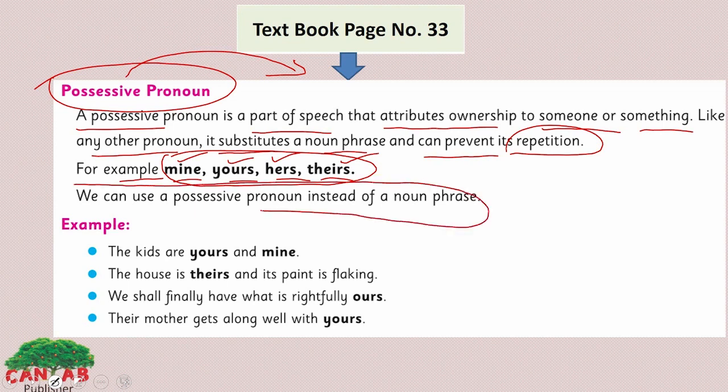So look here, we can use a possessive pronoun instead of a noun phrase here. Look at the example: the kids are yours and mine. So we have two possessive pronouns here. The kids belong to you and to me. So we have a relationship between the noun kids and the two persons, you and me.